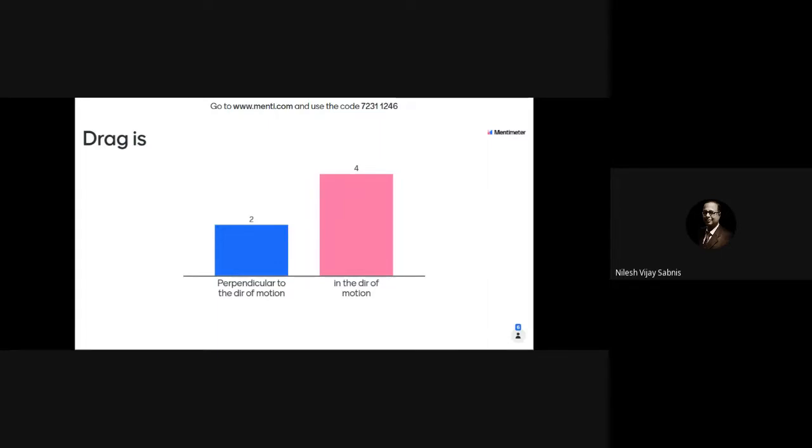Once again, I am sending the link. The question is, drag means what? Perpendicular to the direction of motion, or in the direction of motion. There are 2 opinions. You should have some opinion, not like in a class. It is an anonymous poll. I don't know who is giving what answer.